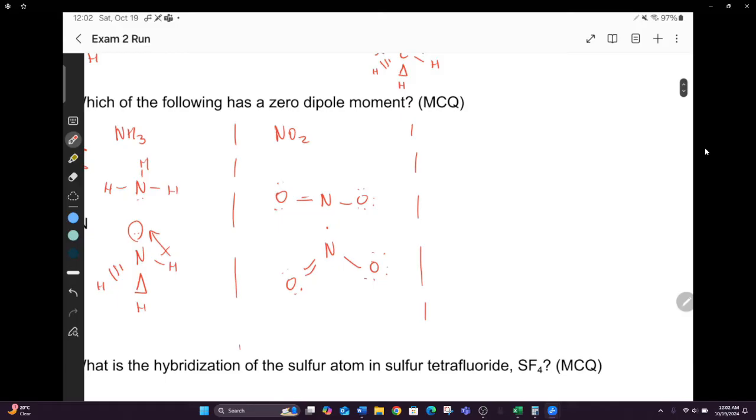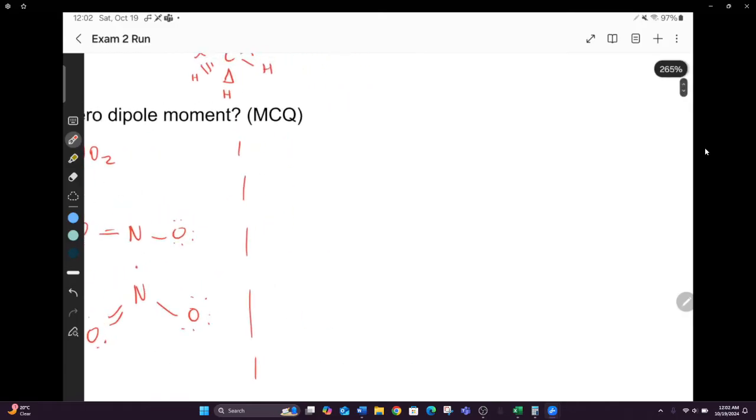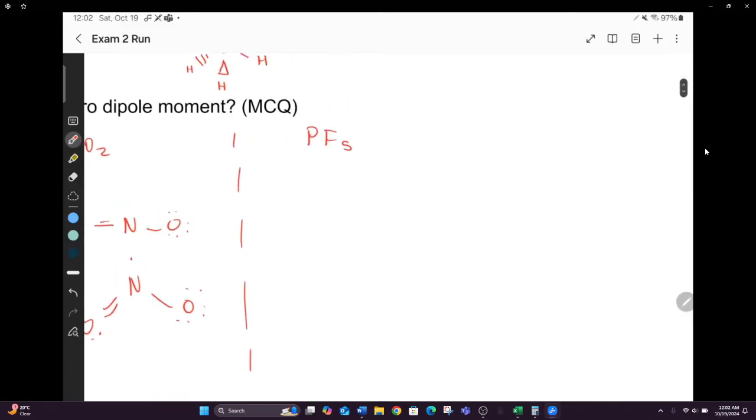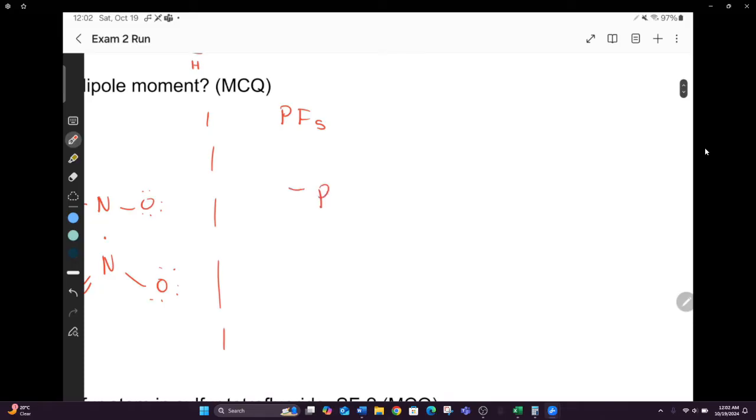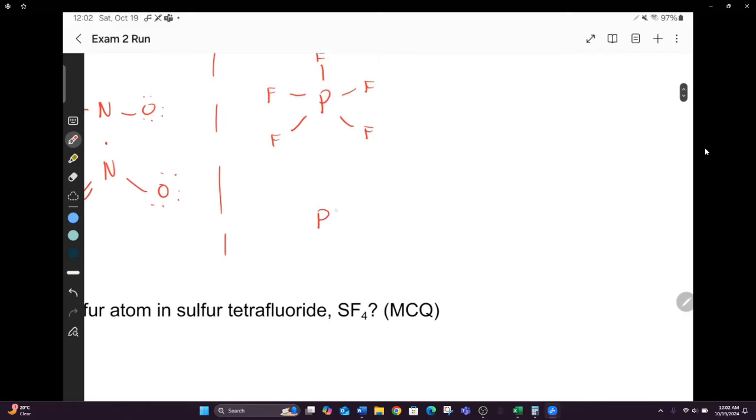Next we have PF5. For PF5, you should get a structure that looks something like this. And if we were to look at the 3D structure, it would look something like this. Cannot draw to save my life.